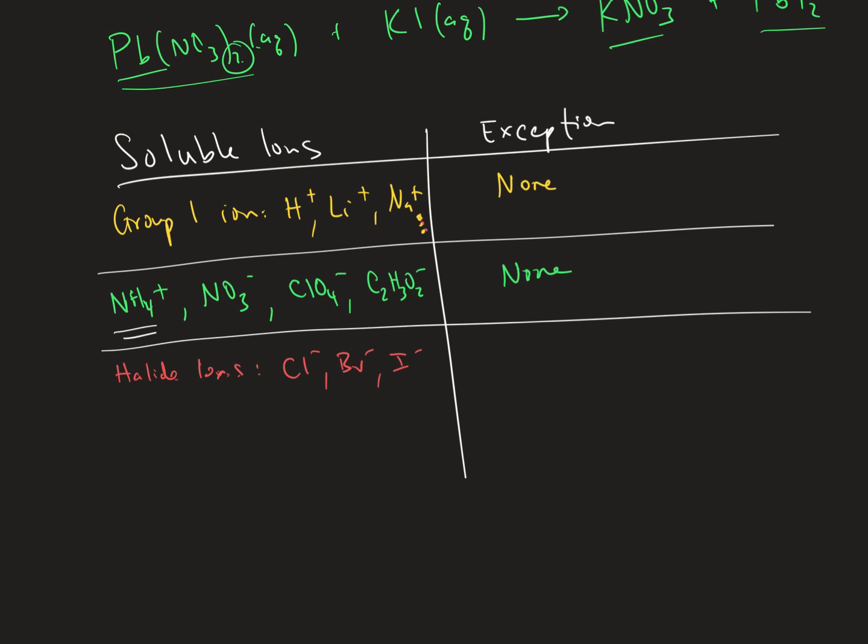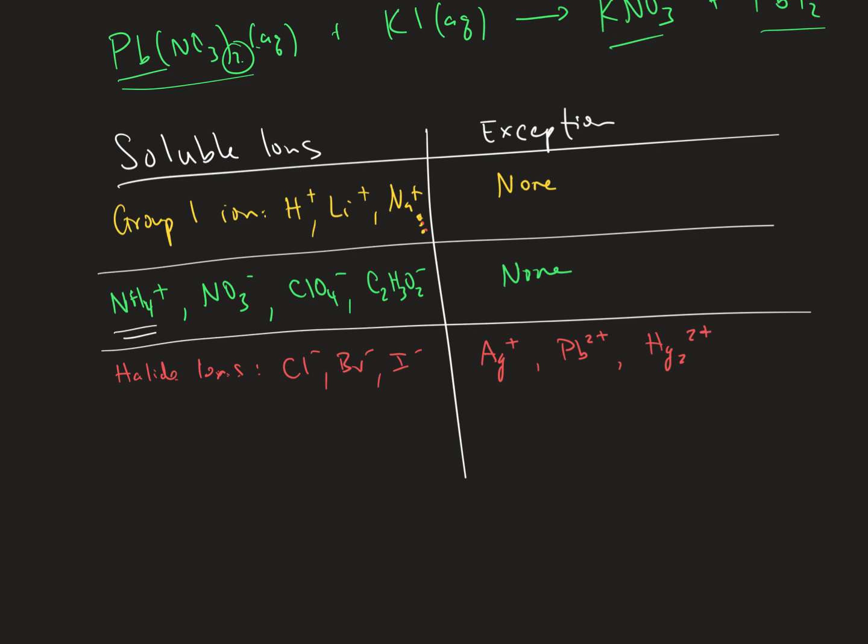Okay, any other questions? Okay, there are exceptions with the halide ions: silver+, lead 2+, and mercury 2+.